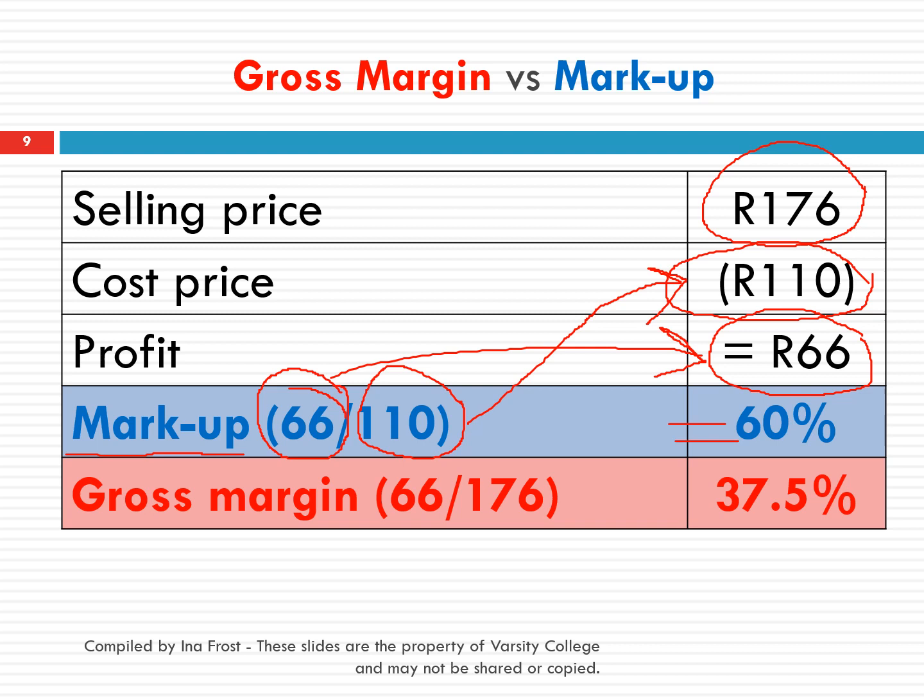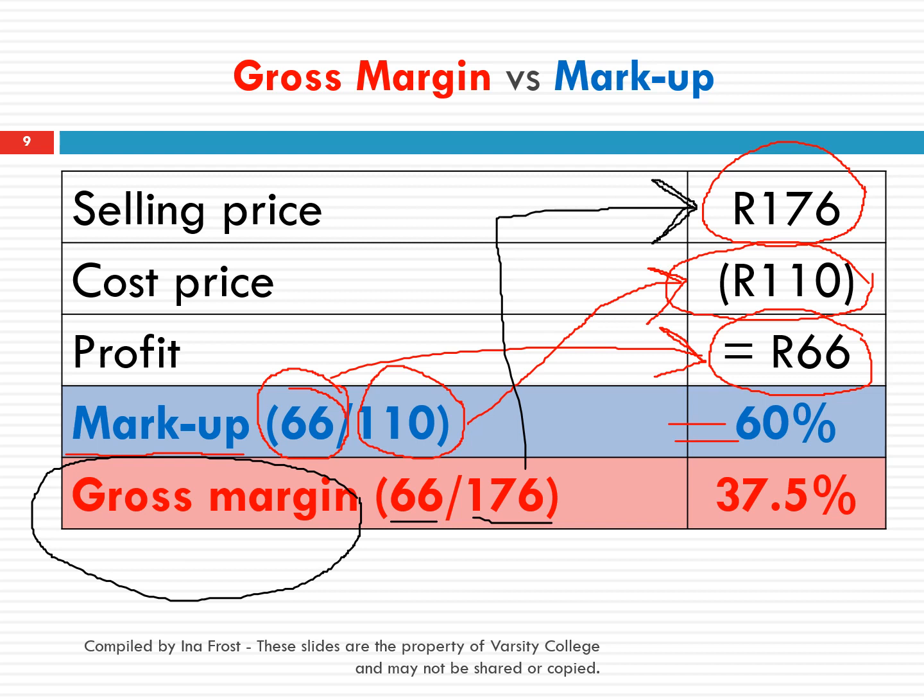On the other hand, the gross margin, remember, is the profit divided by the selling price. So now we're going to divide it by the selling price, and that gives us a gross margin of 37.5%.